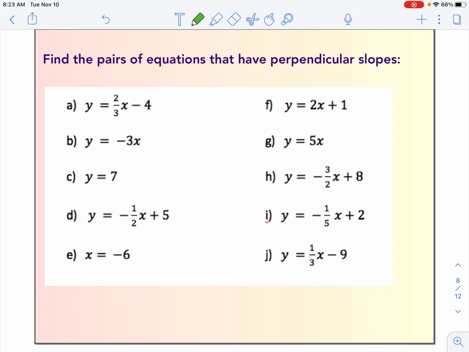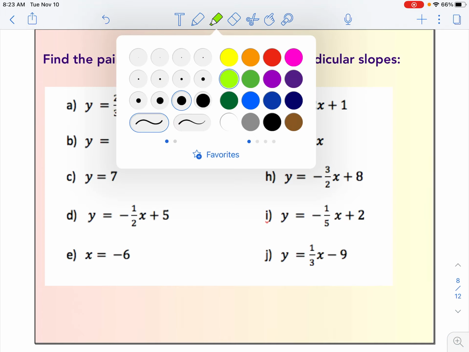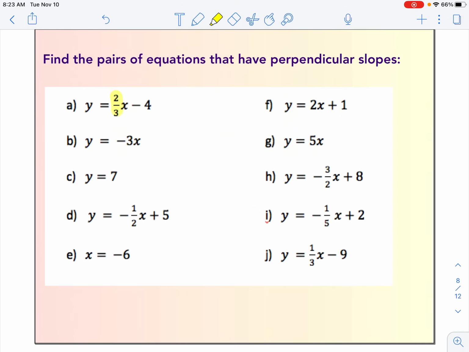It says find the pairs that have perpendicular slopes. So let's take a look at the slopes. We have a slope of 2/3. What would be a perpendicular slope would be negative 3 over 2. So these right here would be perpendicular.